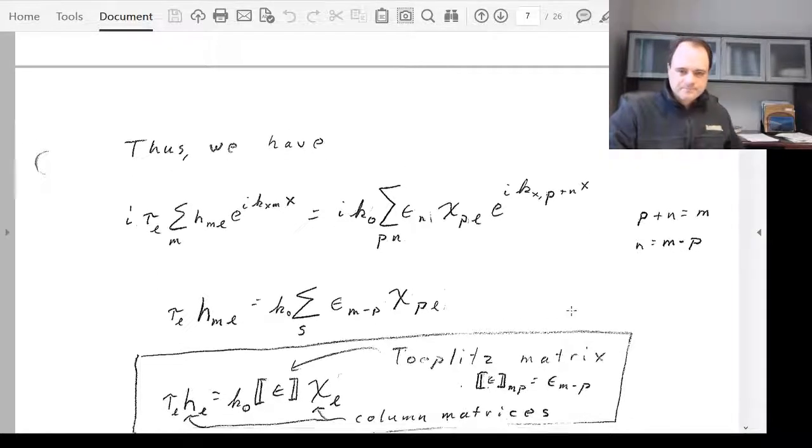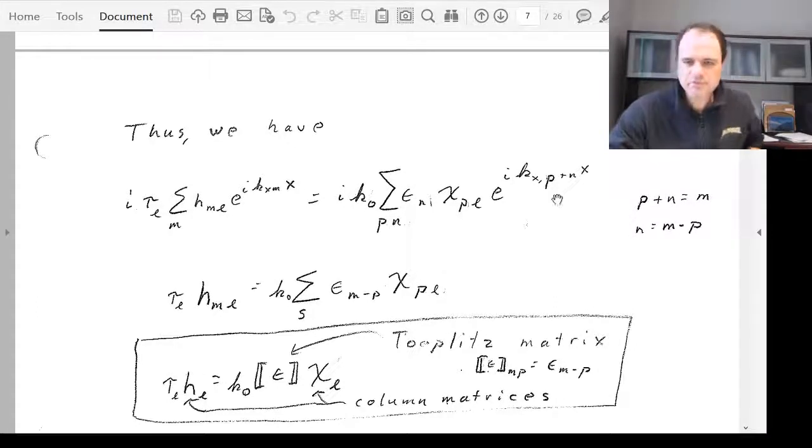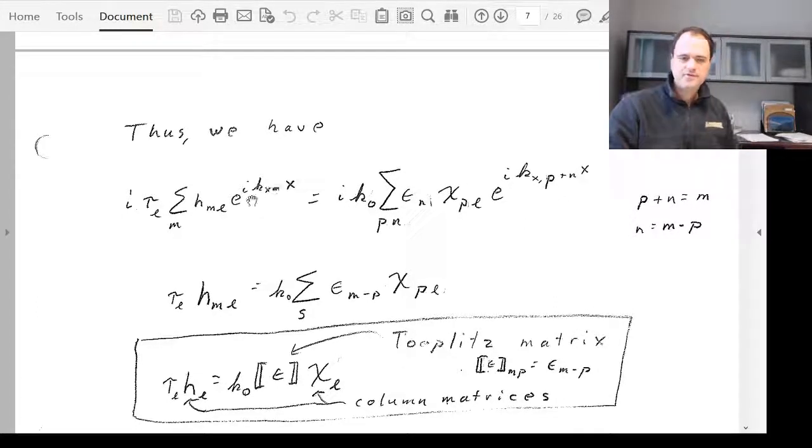All right. Now, when you equate the two plane waves, you have to find the values that match. So m has to be equal to p plus n. All right. So therefore, you can solve for n: n has to be equal to m minus p.